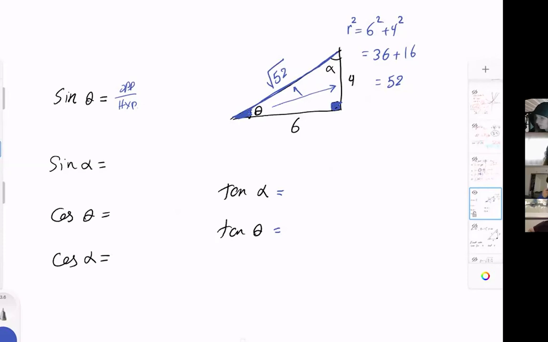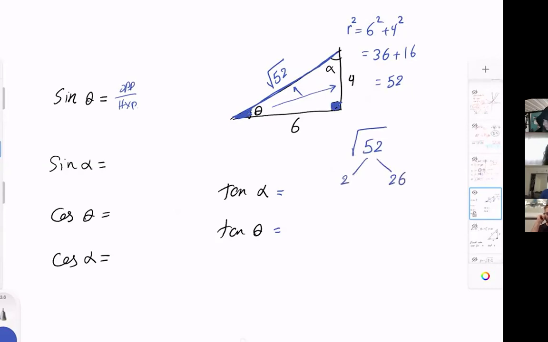Can we simplify radical 52? 5 root 2. 5 root 2. So radical 52, this is like a 2 times 26, correct?